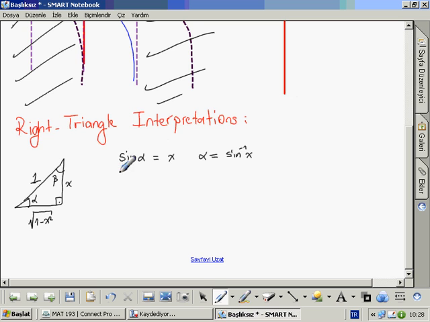And cosine beta equals x, right? And beta equals inverse cosine x, okay, and we know that alpha plus beta equals pi over 2, and so we can say inverse sine x plus inverse cosine x equals pi over 2 from the previous equality, okay, don't forget it.